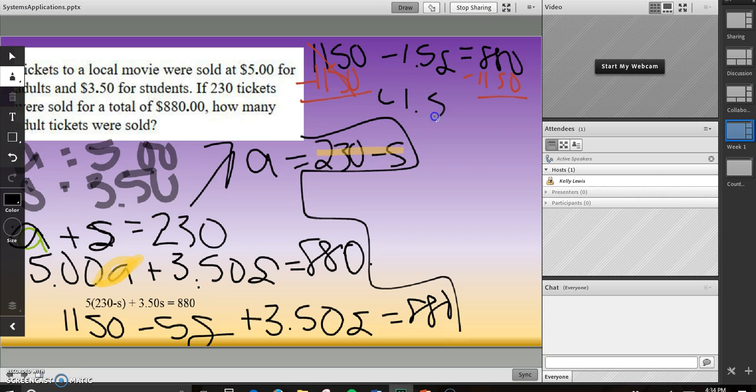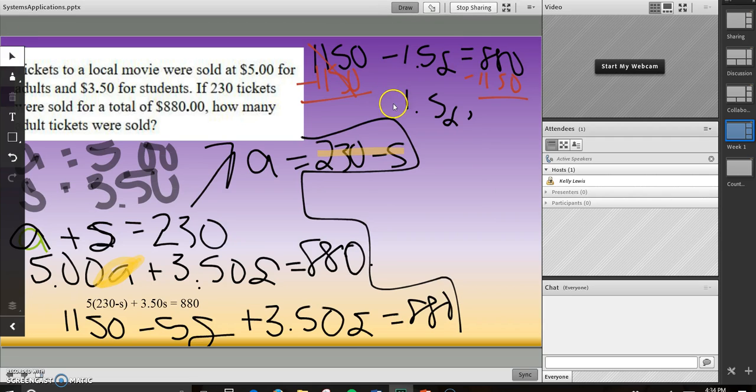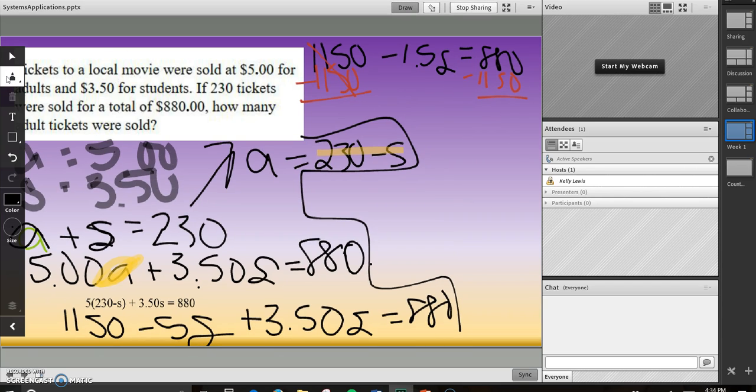So I get negative 1.5S equals negative 270. All right, and that 1.5 is being multiplied, so I'm going to divide by negative 1.5. And those negatives are going to cancel. So I get a positive 180.